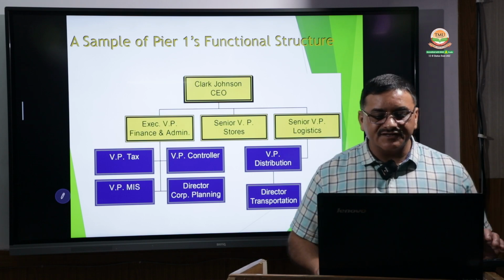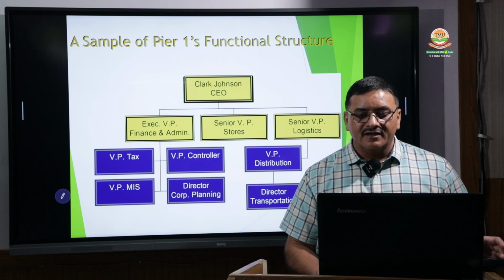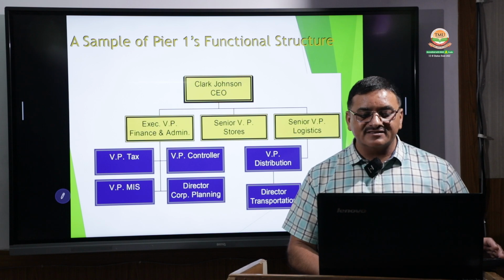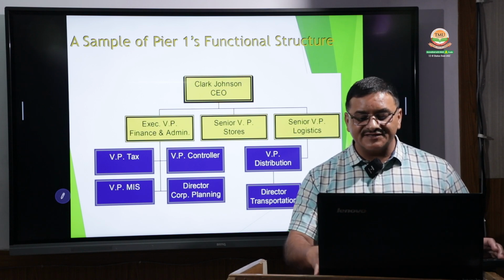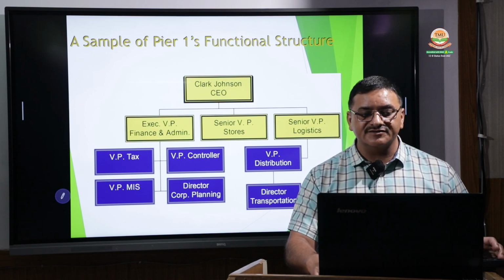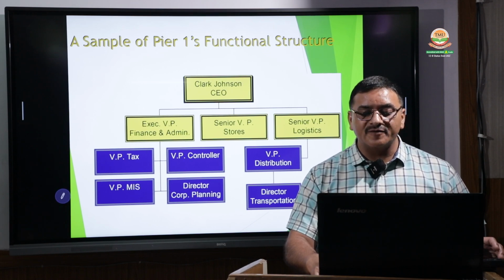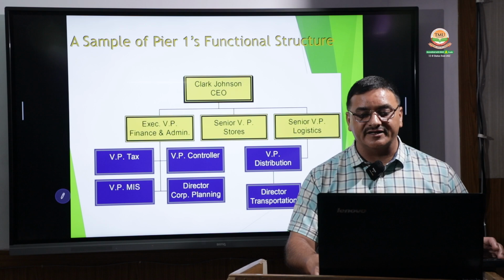All the functions may be handled by just one or two individuals in an organization, who are jacks of all trades rather than specialists in any particular function. But as the firm grows in size, it becomes imperative to differentiate and delegate the functions to separate units and separate individuals. One man can no longer perform all the functions, and even if he can, he would not have the necessary skills or knowledge for it.